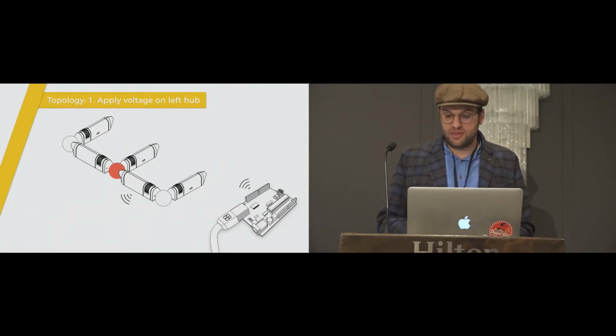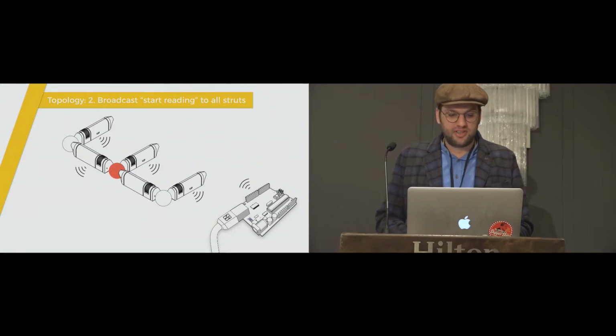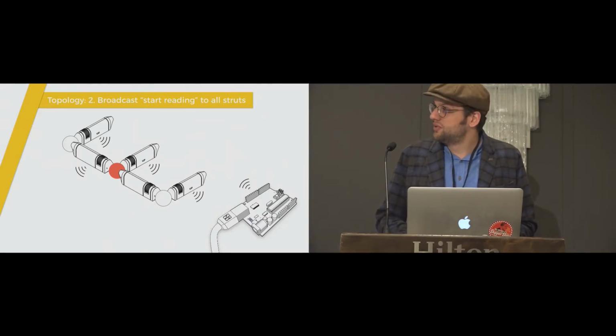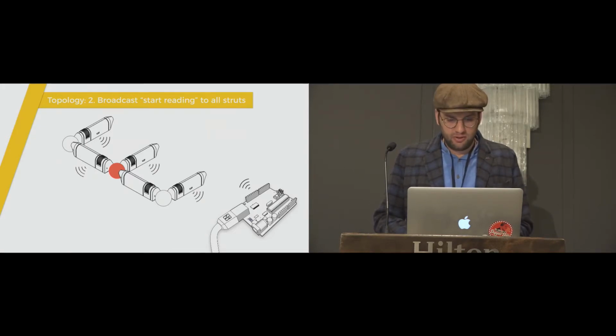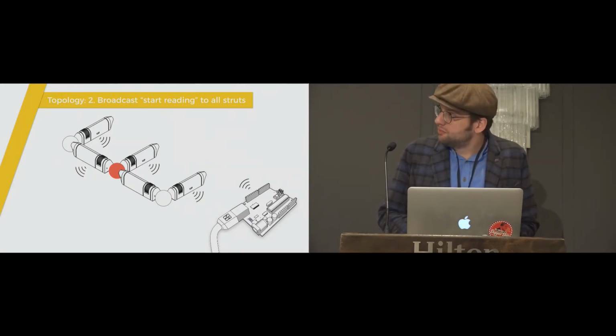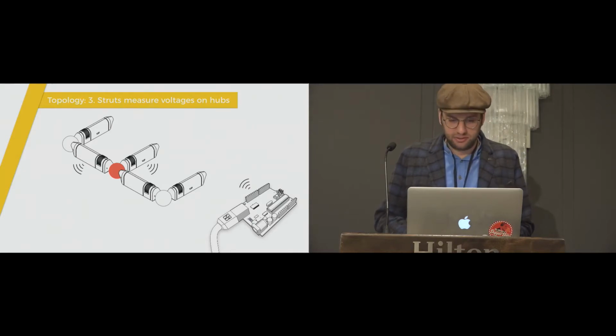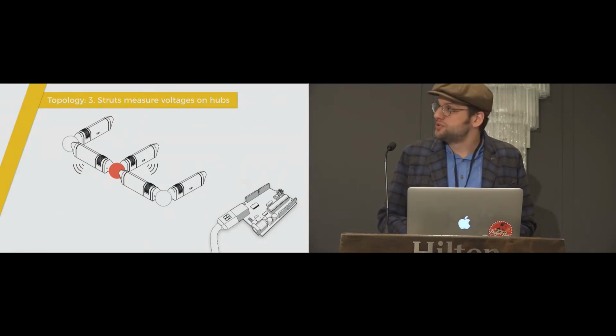Once this voltage is applied, it sends a signal to all other struts to start reading if they can find any signal on a magnetic hub. Once they detect a signal, if there's a voltage present at one or the other end of its strut, then it will report back to the central node.